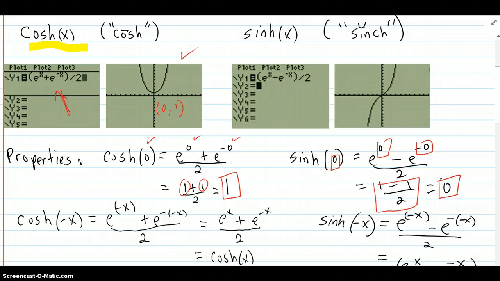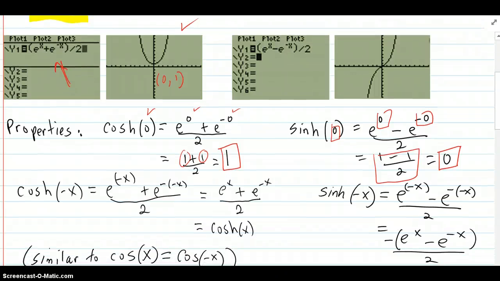So those are similar to the cosine and sine, because the cosine of 0 is 1 and the sine of 0 is 0. So now you get the idea of why they call these quantities cosh and sinh. Hyperbolic cosine, hyperbolic sine.